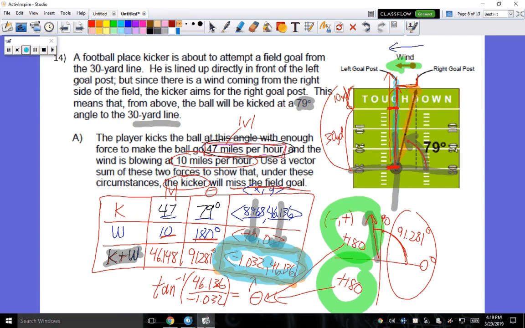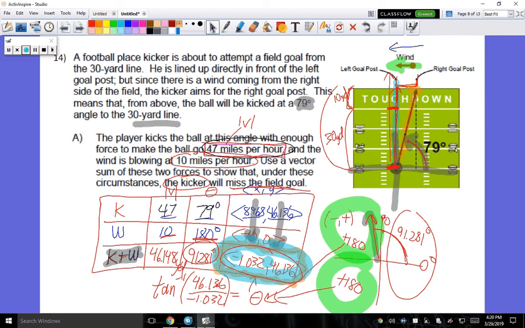So it definitely has the leg because all it needed to travel was 40 yards, and now it's traveling 46. But it's off. It's traveling at a wrong angle in this vector as well.